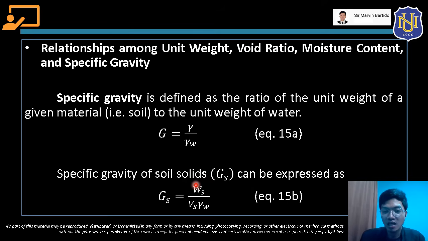Yung weight ng soil solid over volume ng soil solid ay gamma ng soil solid, over gamma water. Kaya ito naging ganito. So take note of this, class. This will be our equation 15b. So gagamitin natin ito. Again, yung specific gravity ng soil solid ay equal sa weight ng soil solid over volume ng soil solid times gamma ng water.